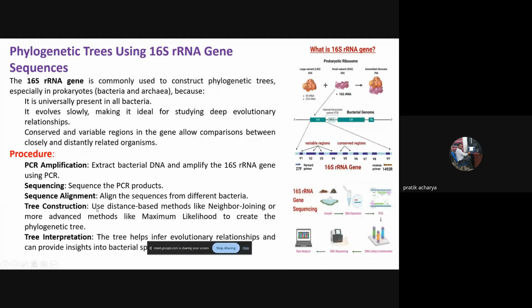Then reconstruction by making the library. Library construction is actually the backbone for the tree construction. And at last, tree interpretation, which helps in understanding evolutionary relationships. When the complete tree is formed, that interprets the evolutionary relationship. This is the phylogenetic tree formation using 16S rRNA.